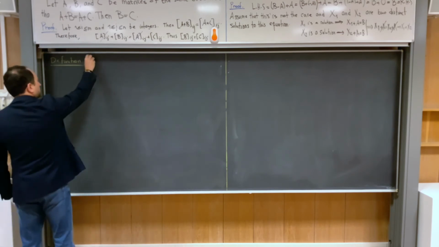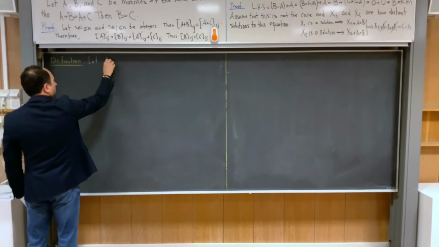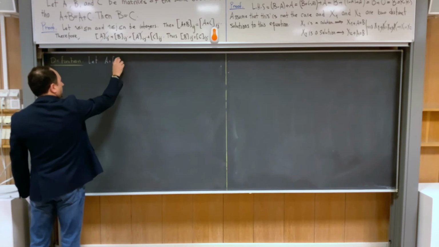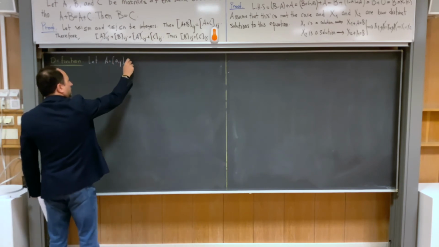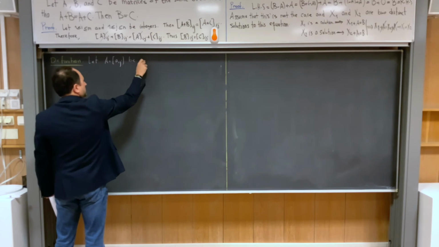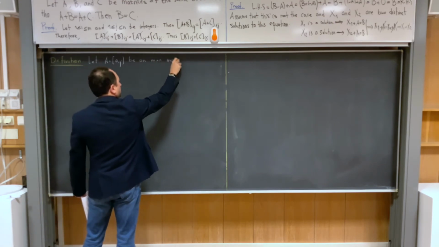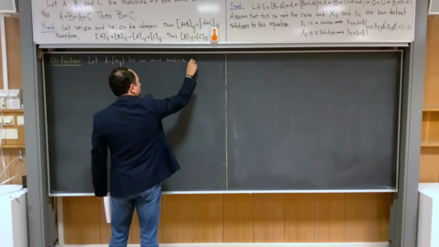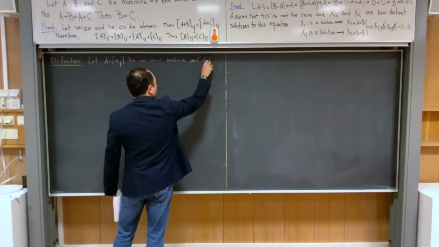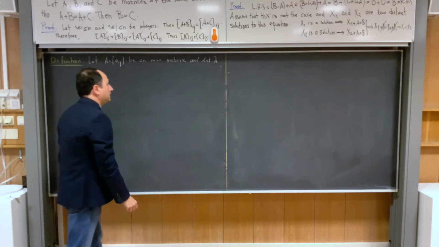So I would say let Aij be an m by n matrix and let, say, lambda, for example, be a number.